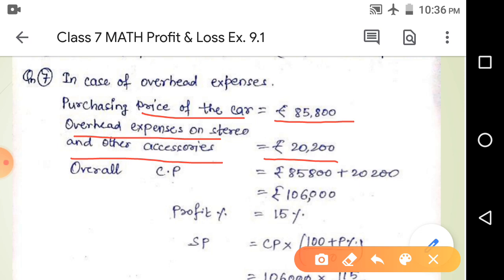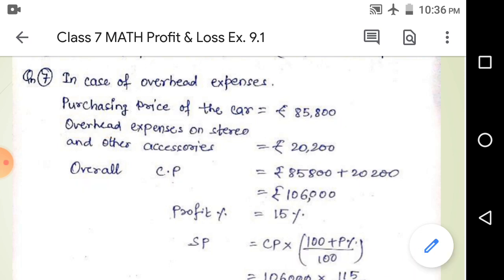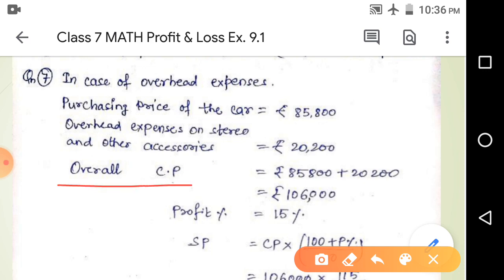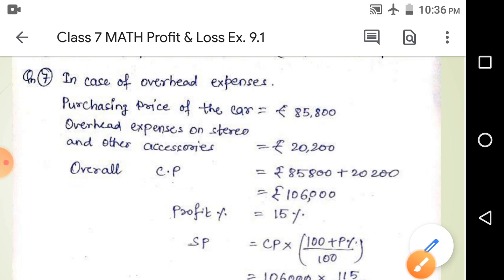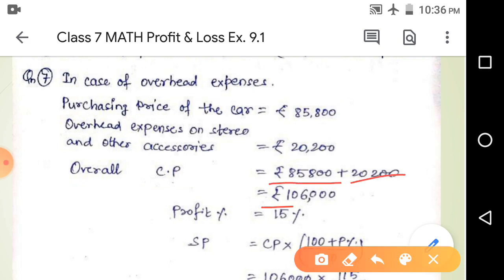So the overall CP, that means the overall expenditure on this car, the overall investment on the car, that is called overall CP, is equal to the overall expenses and the purchase price, that is this one plus this one. So what we have is 1,06,000, or we can say 106,000.